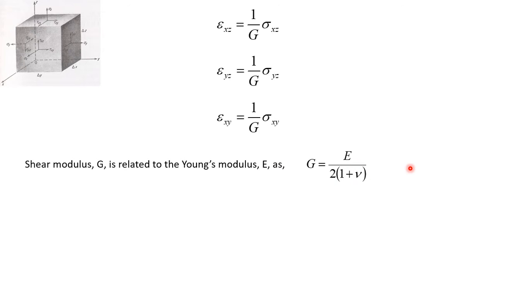So these are all well-known relations. Another relation is bulk modulus K related to E. So basically we can relate G, E and K using Poisson's ratio here. So they are all interrelated. So these are well-known relations from theory of elasticity for isotropic material.